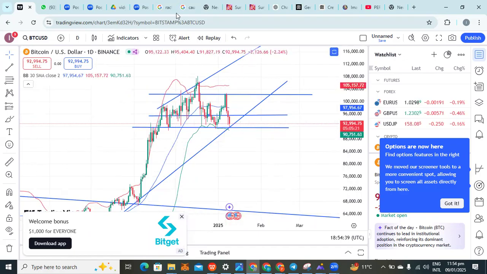Now I want you guys to please take a look over here. The price is in the upward direction on BTC, right? And as you can see, the price is having considerable resistance at these areas. So this whole area is a resistance zone. Resistance is not always just a line, it could be a zone.